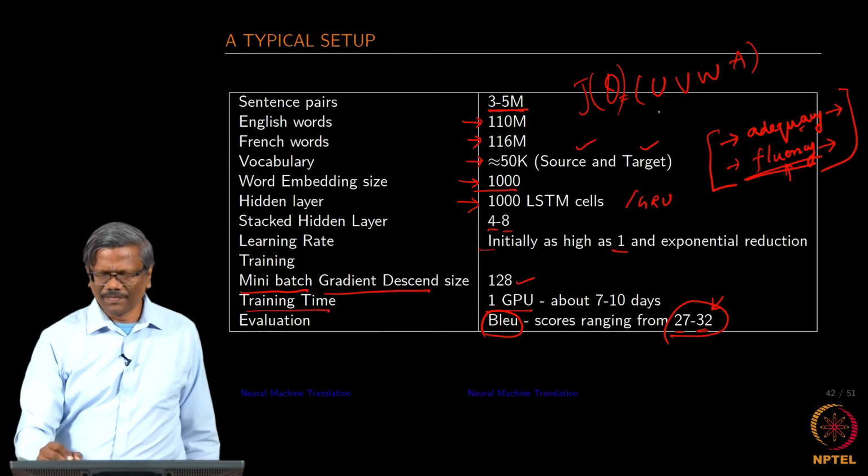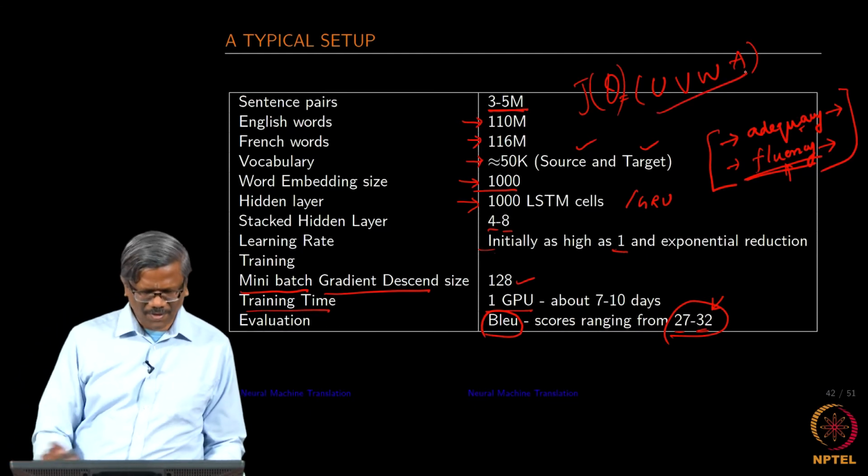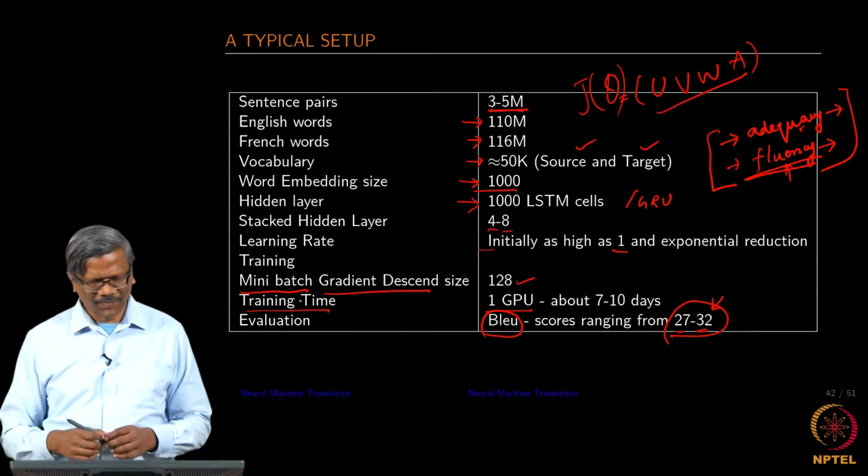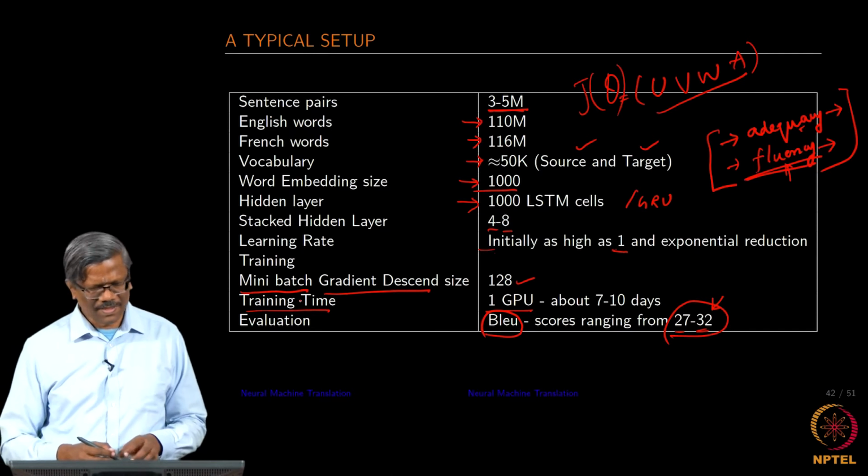So these are the parameters that are learned during the training process, and we use mini batch or stochastic gradient descent algorithms for this.